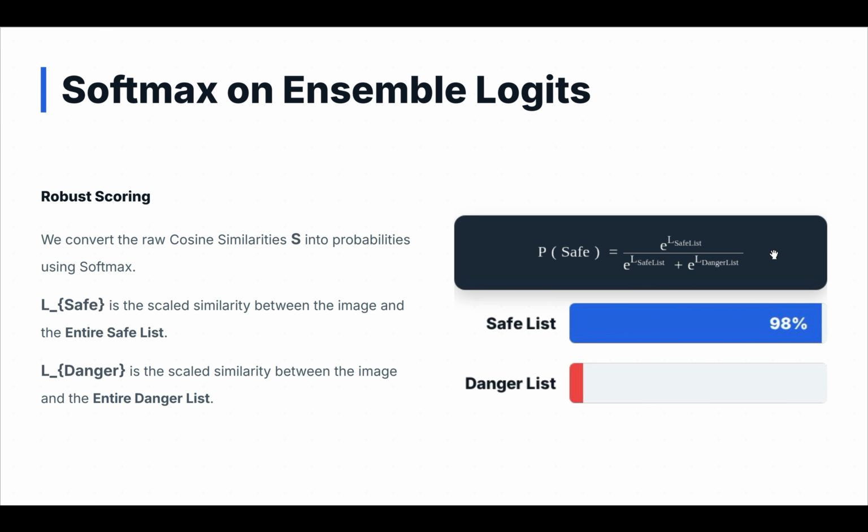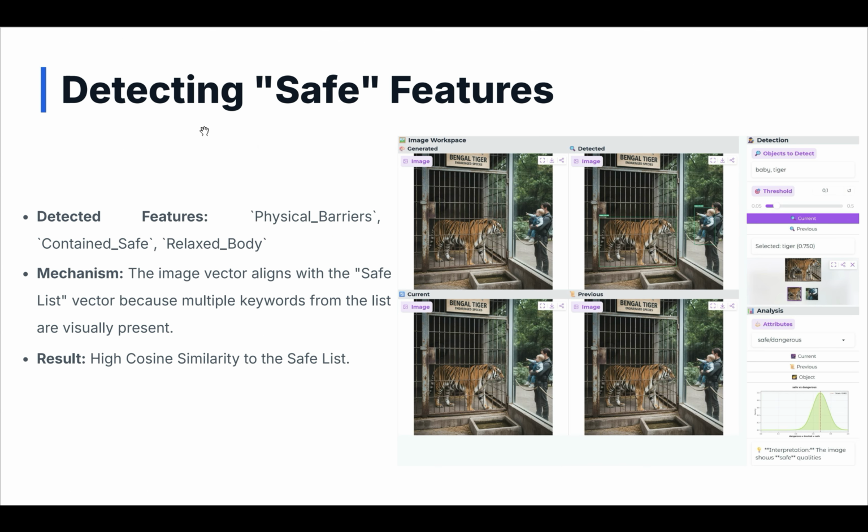So the probability is the exponential of the safe list divided by the exponential of the safe list plus the exponential of the danger list. Now we can actually understand clearly.